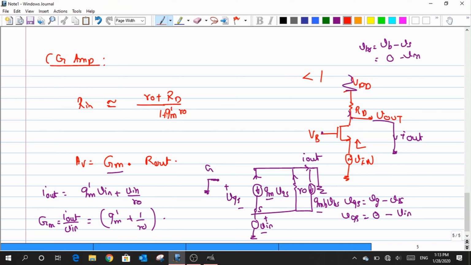The whole of this formula has been obtained just by knowing that if I look through the source, the resistance that I am seeing will be reduced. Purely with that concept, we have got down to this expression. If you really want to know how this expression arrived, you have to go and watch the output impedance video that I've uploaded.